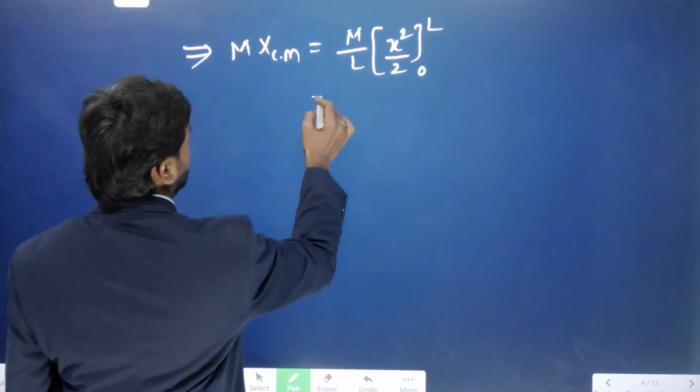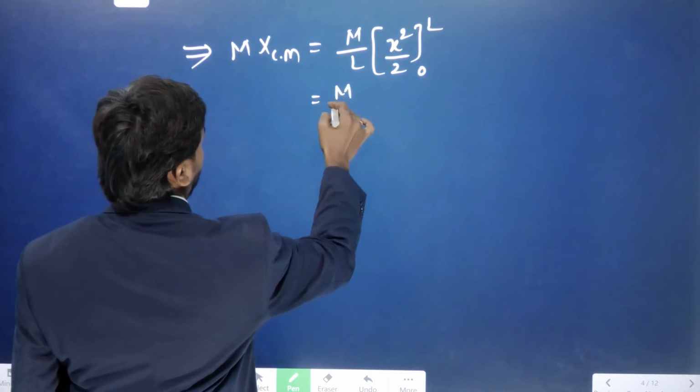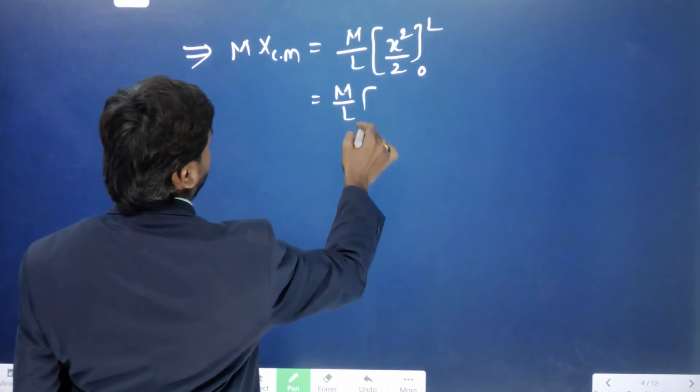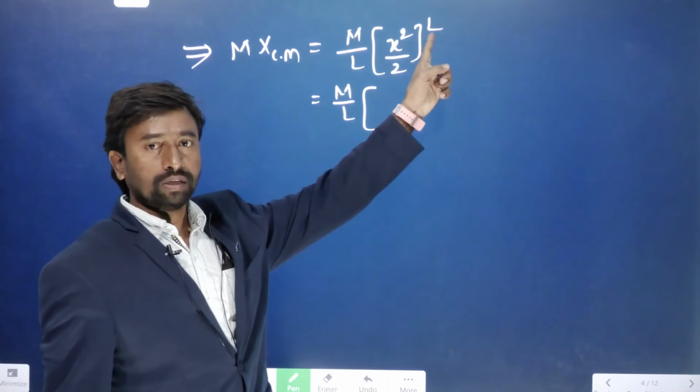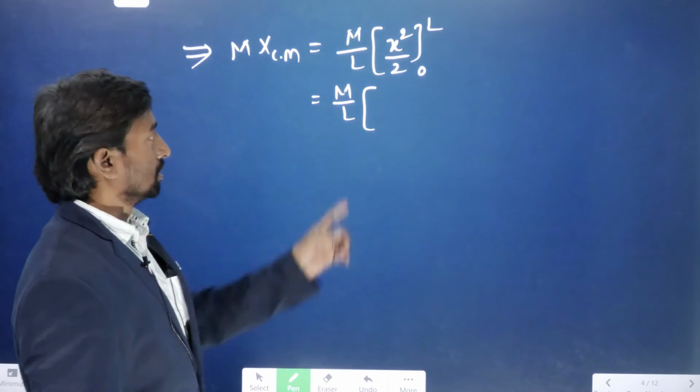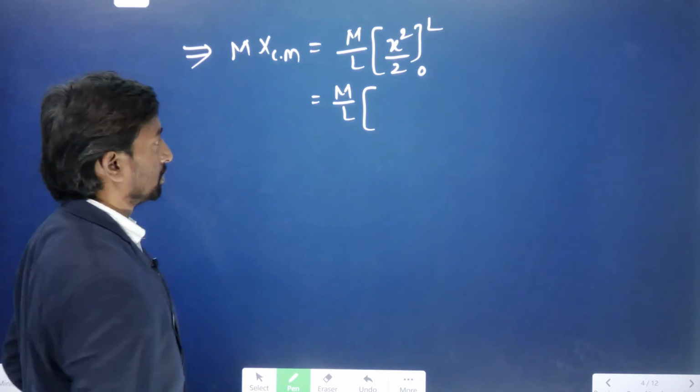So now we have to substitute there, m by L. First in place of x we substitute the upper limit, then minus the lower limit.